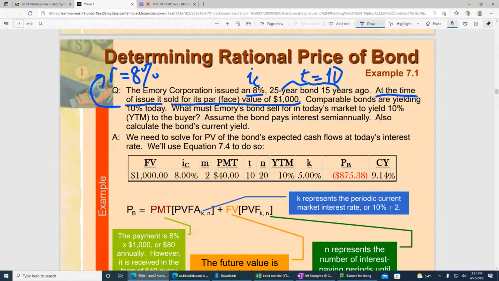However, now comparable bonds are yielding 10% today. What does that mean? The prevailing market rate is 10% now, right? That's what it means.